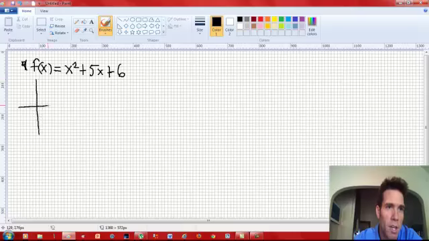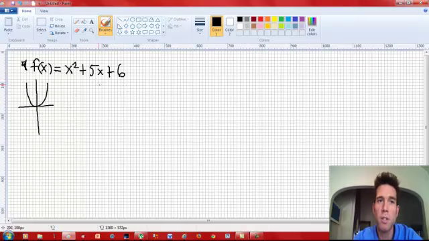And we all know that the graph of a basic x squared is a basic parabola that looks like this. But we're not dealing with x squared, we're dealing with x squared plus 5x plus 6.